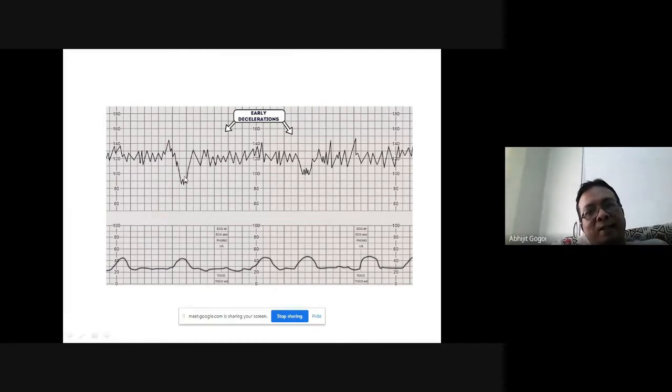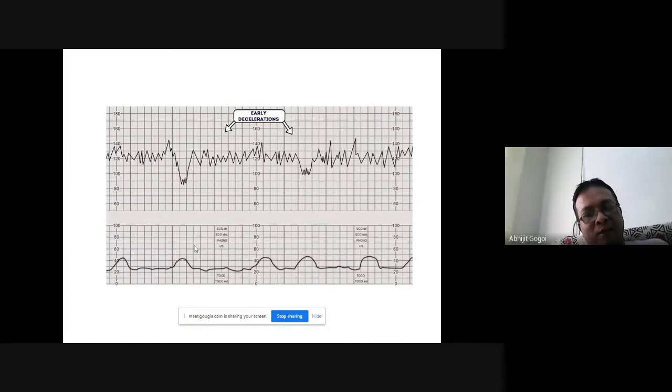Now when you find a deceleration, you see this. This is a uterine contraction. And if you see this downward, it is just at the moment when the uterus has contracted. Why is this? Because when the uterus has contracted and the head is engaged inside the pelvis, the head is trying to find a way.